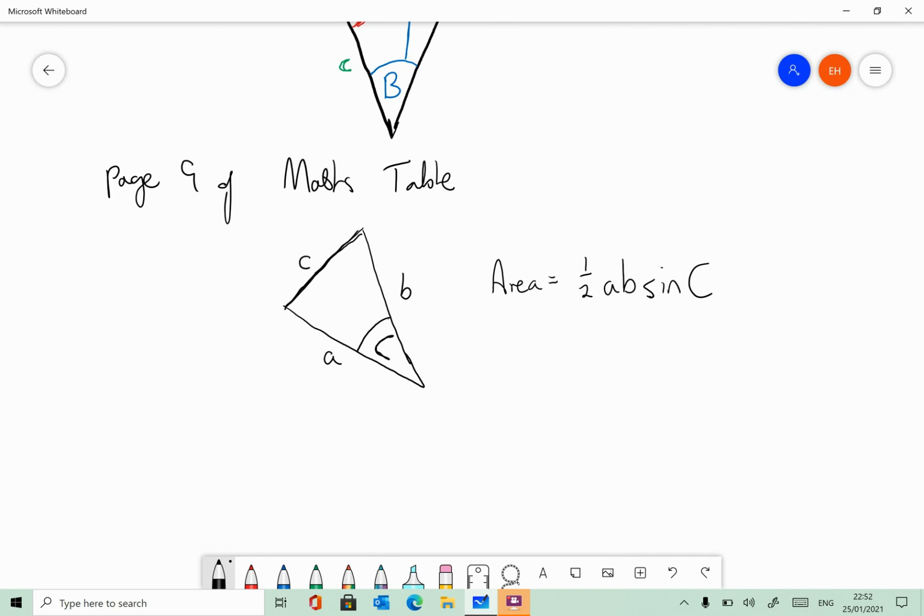Now, you should spot, lads, that this comes very close to the old formula for area, which was a half base by perpendicular height. You should know that formula maybe from junior cert. A half the base by the perpendicular height is the old way we would have found the area of a triangle.